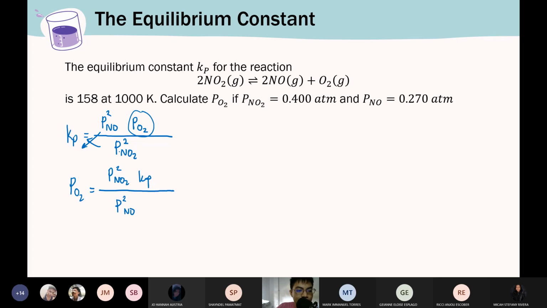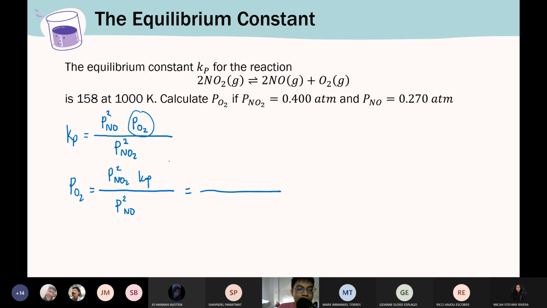Yung katabi ni Kp, that will be NO2, and yung nasa baba will be NO. After cross multiplication, we can plug in the values.